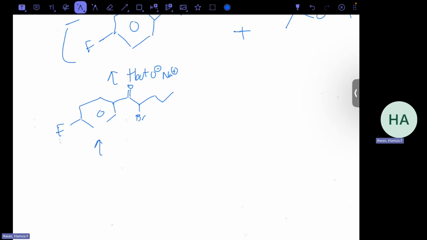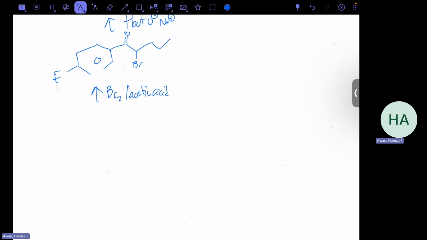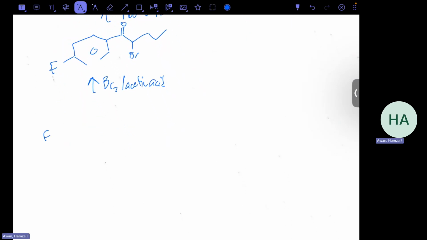So one reaction that does this is Br2 and acetic acid. And so what that'll do, the product of this will be our F will have the benzene ring attached to it.